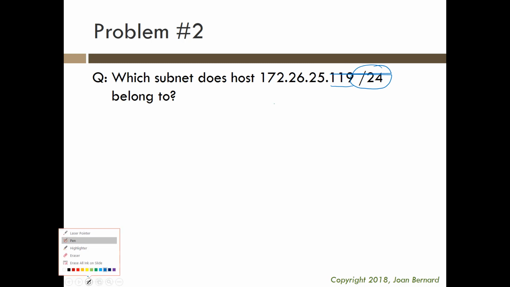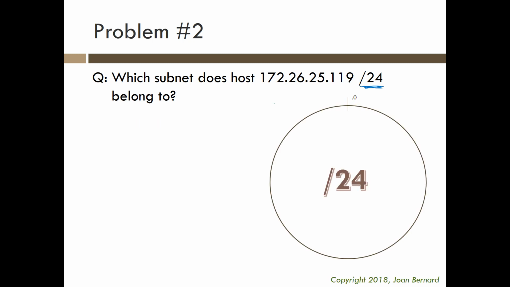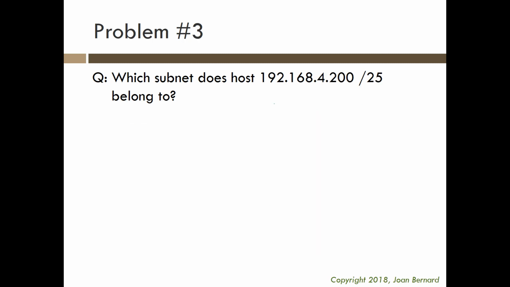I'm talking about a /24 network, right? A /24 network means that you're dealing with one class C. All /24 networks start with .0. So the answer is indeed 172.26.25.0.